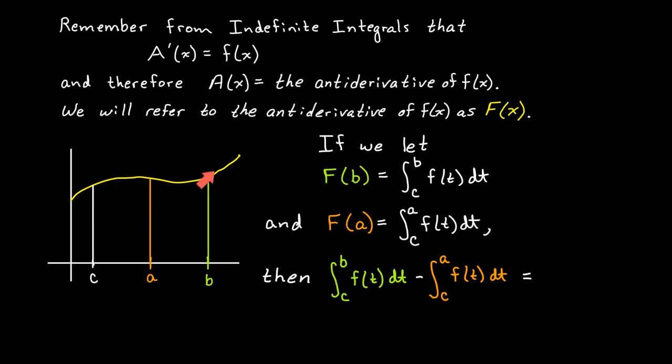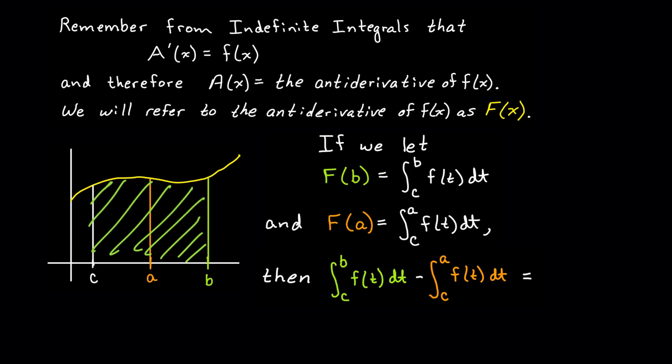This is going to be our curve f of x. And if we put these x values of c, a, and b down here, these just represent constants that we can integrate between. Capital F of b, which means the antiderivative evaluated at b, is going to equal the integral from c to b. All right, so that means the green area is going to be referring to this area right here.